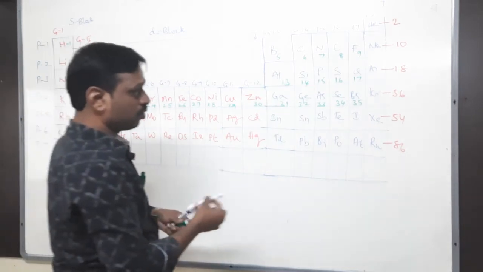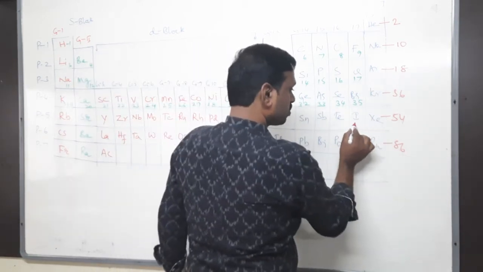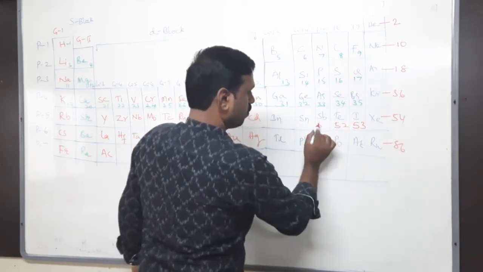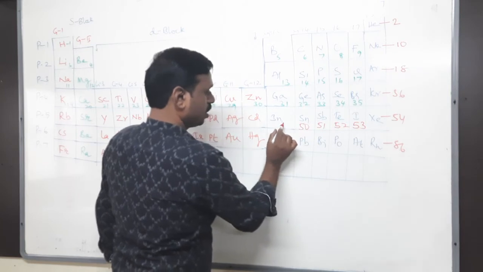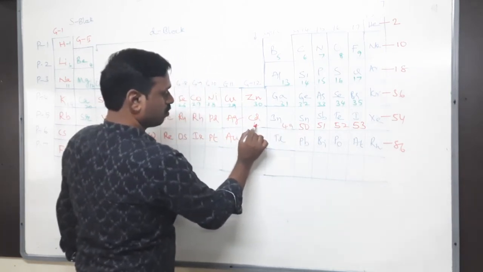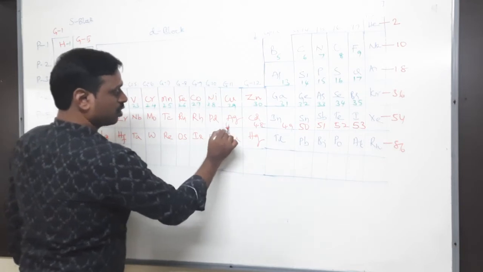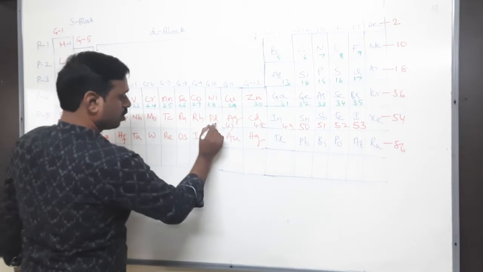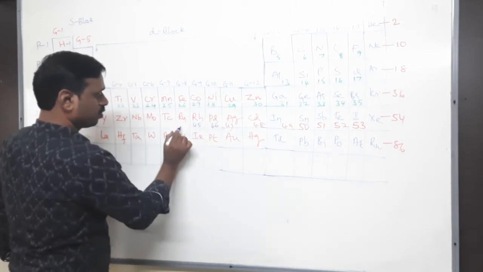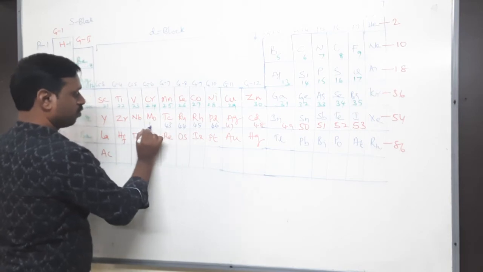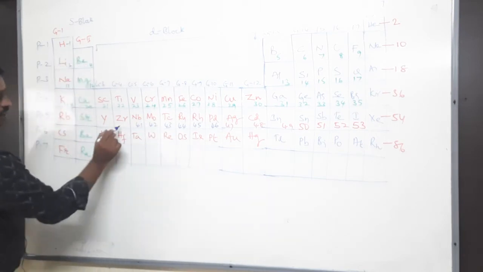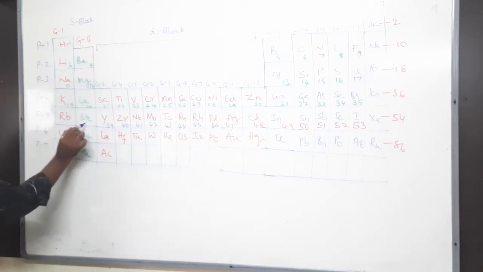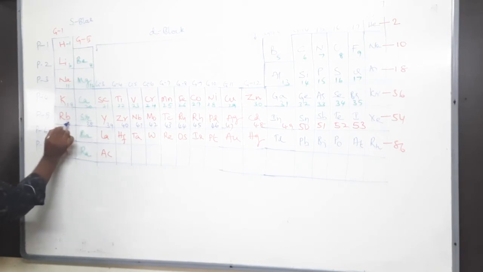Next, tell me about this. If xenon is 54, iodine is 53, then 52, 51, 50, 49, 48, 47, 46, 45, 44, 43, 42, 41, 40, 39, 38, 37.